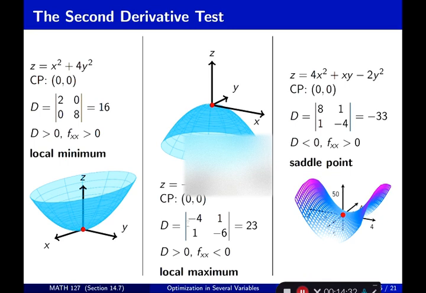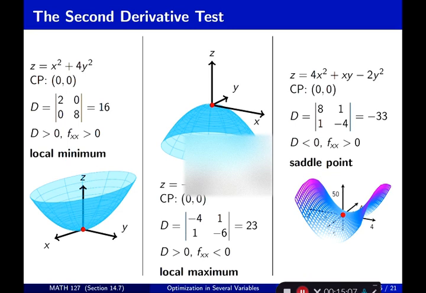So let's give examples and watch how the test works on each of these surfaces, starting with the simplest examples. For the first one, let's say z equals x squared plus 4y squared. I know that's a paraboloid, looking up, so the paraboloid has a local minimum.